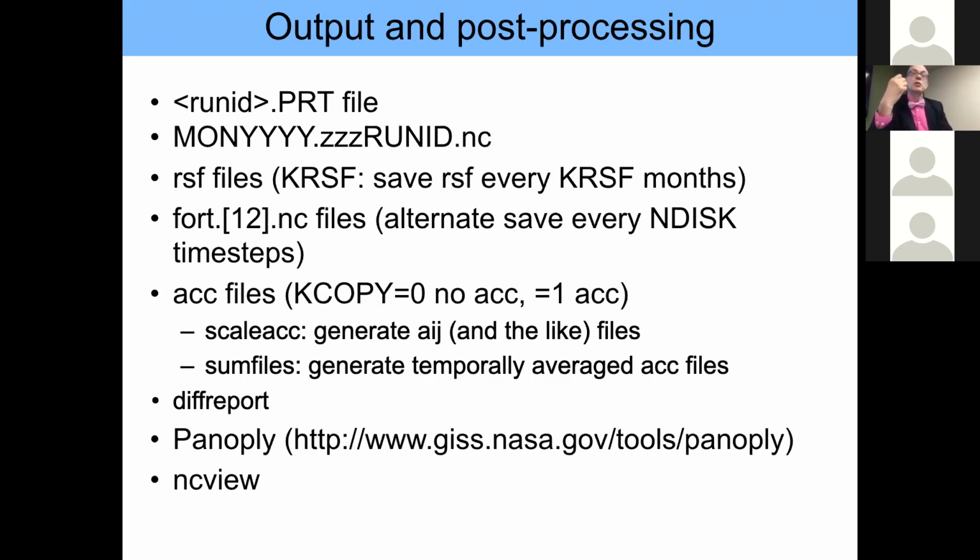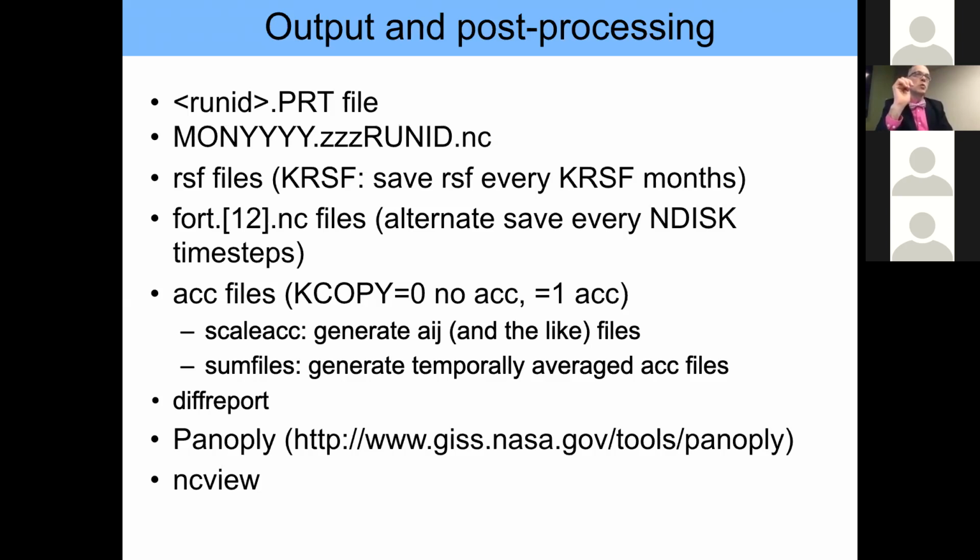So we have a command which all of you should have built, called scaleacc, and you can use scaleacc to generate what we call AIJ files or all kinds of different files, which we'll talk about in a little more detail tomorrow, hopefully, about how you generate specific diagnostic output files for the specific physics you're interested in looking at.